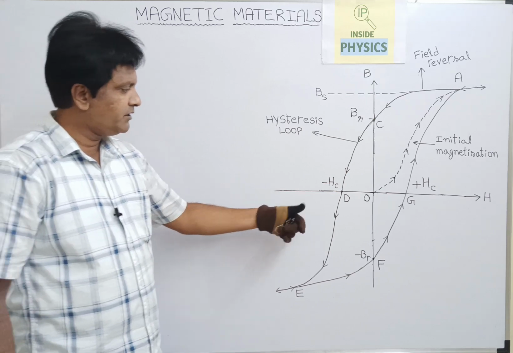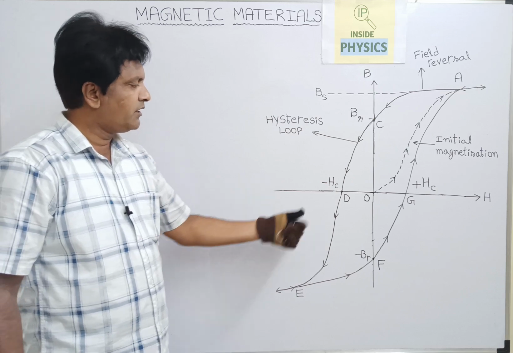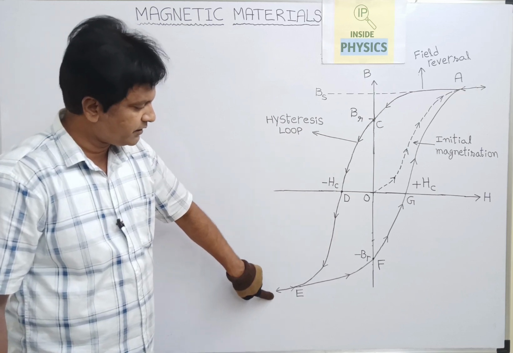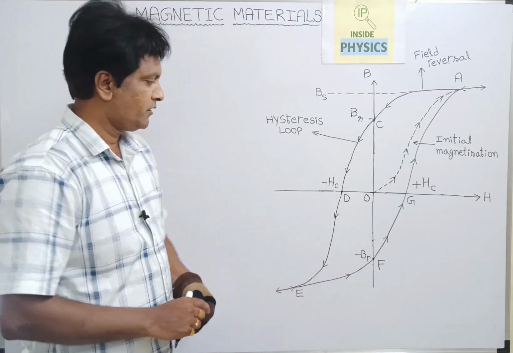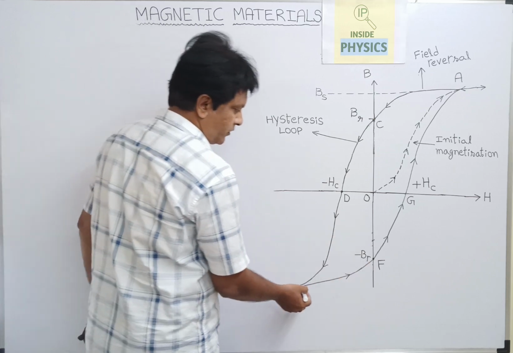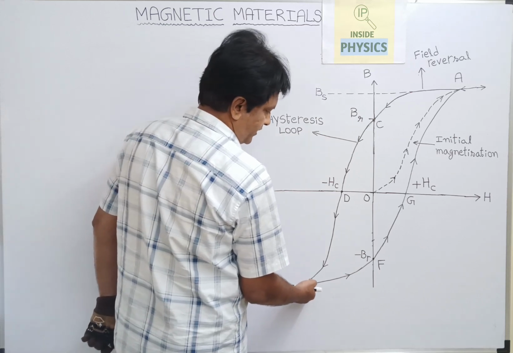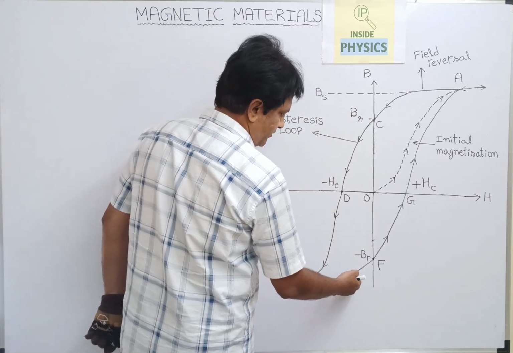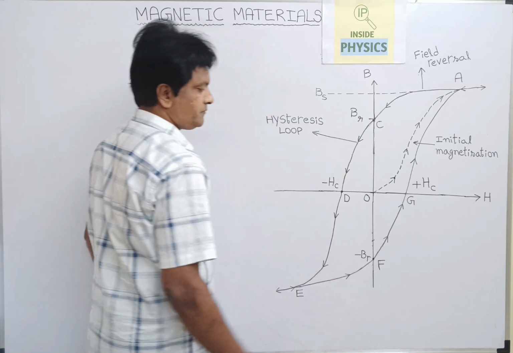That means even though the magnetic field in the reverse direction is increased, the magnetization has come to a saturation point. It cannot be increased further. So we will move towards this line again. Here we are decreasing the reverse magnetic field and have brought it to zero.